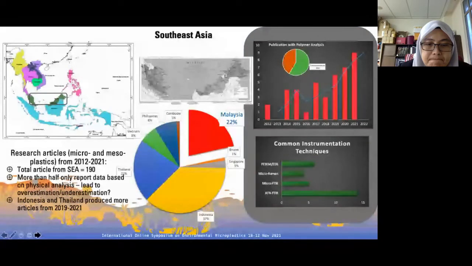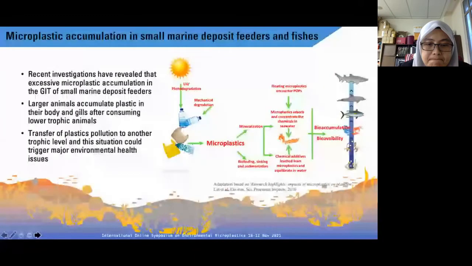Okay, so we know that biota such as deposit feeders or filter feeders, such as bivalves, mollusks, polychaetes, and fish, can accumulate microplastics through their feeding habits and activities.